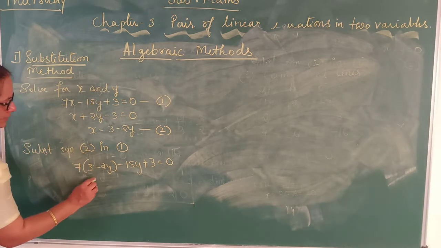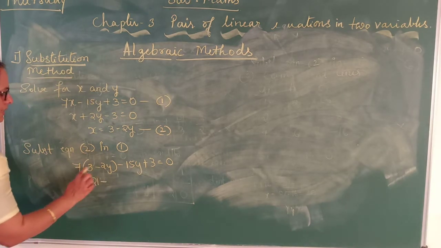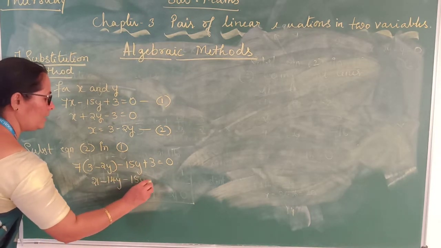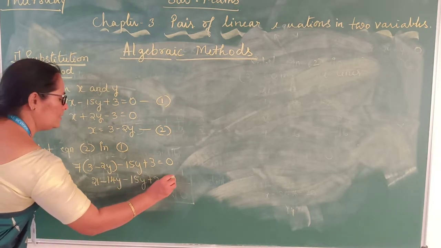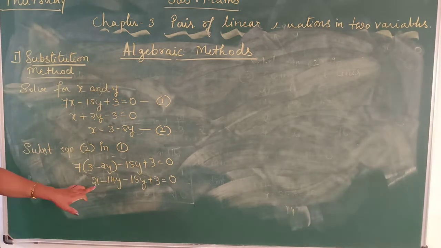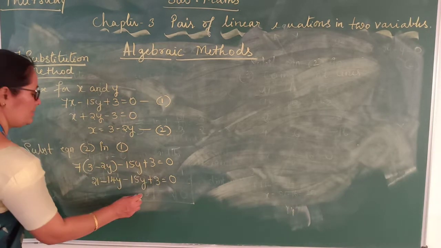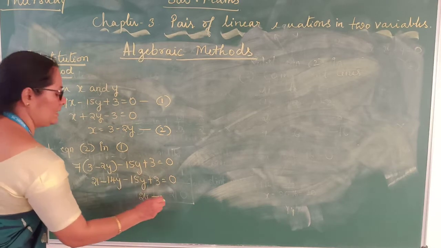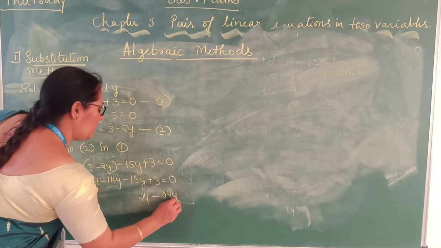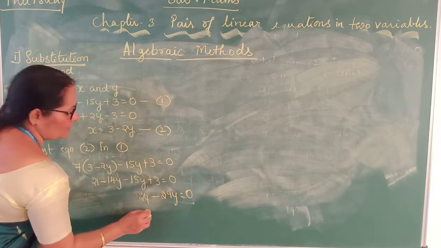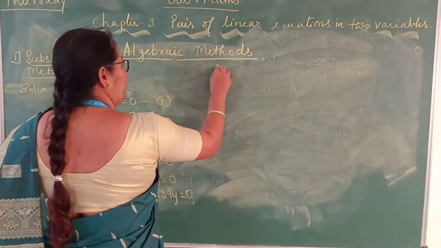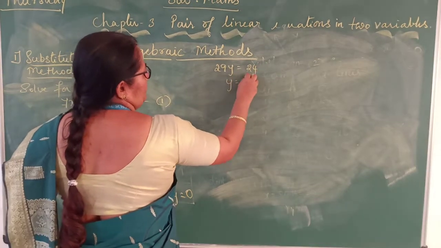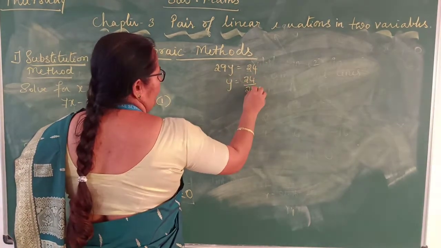Then 7 into 3 is 21, 7 times 2 is 14y, minus 15y plus 3 equals 0. Now 21 plus 3 is 24, minus 14 minus 15 is minus 29y equals 0. So 29y equals 24, so y equals 24 by 29.